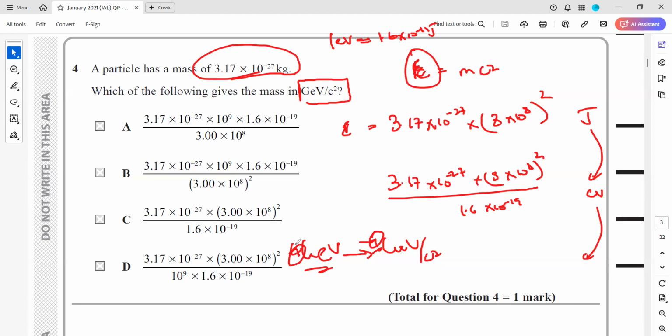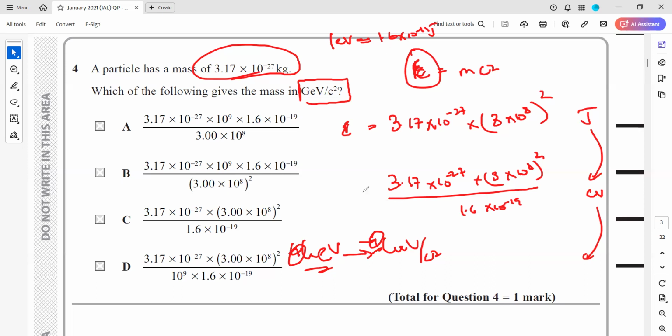So actually, indirectly, they're asking us how much energy is released in giga electron volt. Because energy released in giga electron volt is the same as the mass in giga electron volt per c squared.